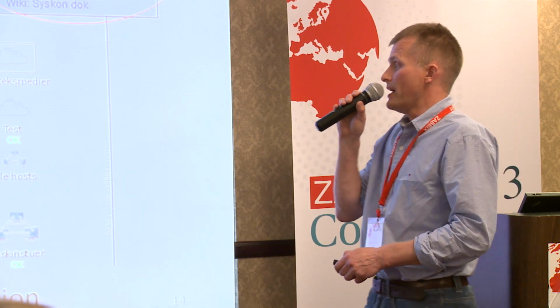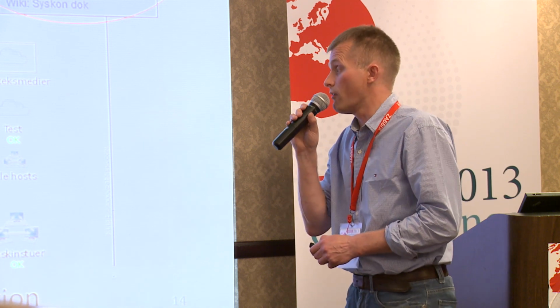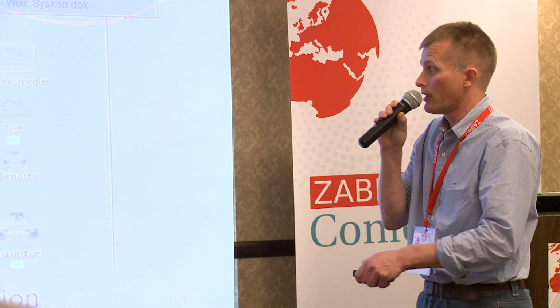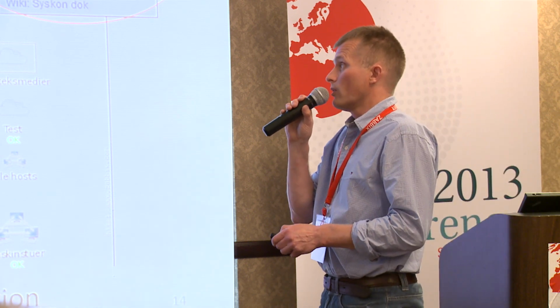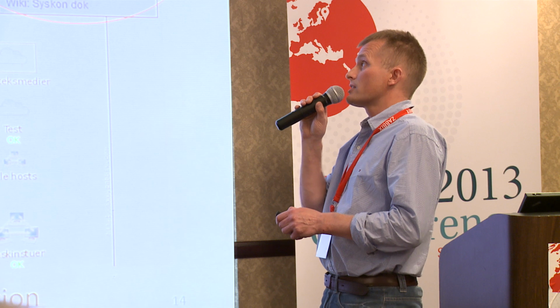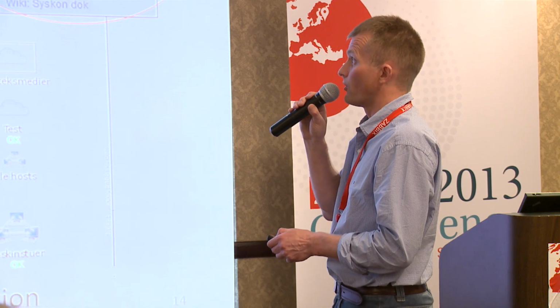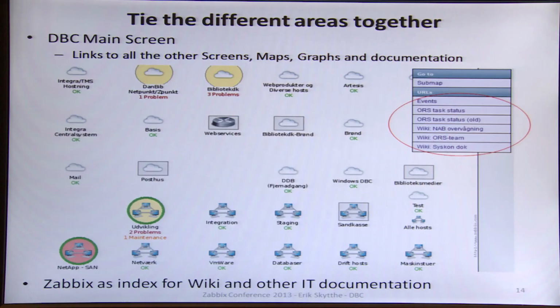I made a main screen, which is of course covering my infrastructure, and I list all the main systems I have. So you were seeing this before, and sometimes I'm also listing the subsystems under.